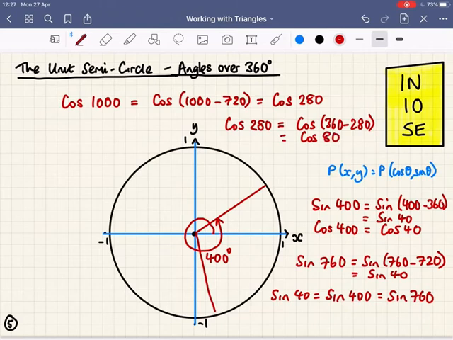So there's a whole family of angles there, and you can be going over 360 degrees many times over. You just need to get rid of all the multiples of 360 from that, and you then find its partner angle that sits between 0 and 90 degrees.